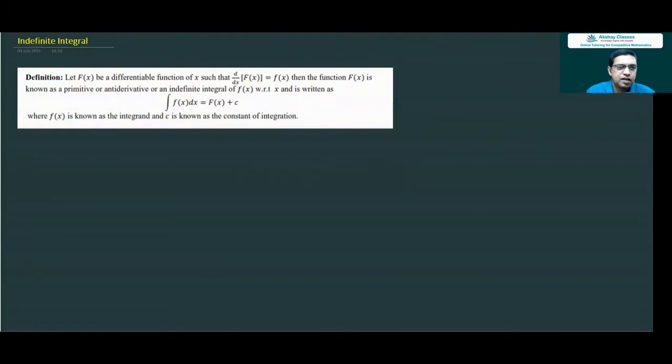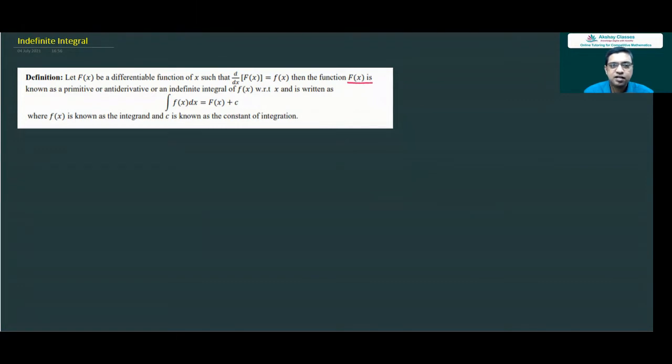Now let capital F be a differentiable function of x such that the derivative of the function capital F of x is small f of x. Say small f of x is the derivative of capital F of x.